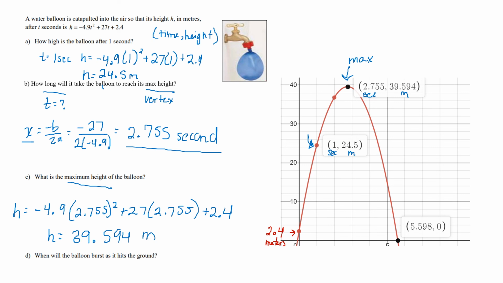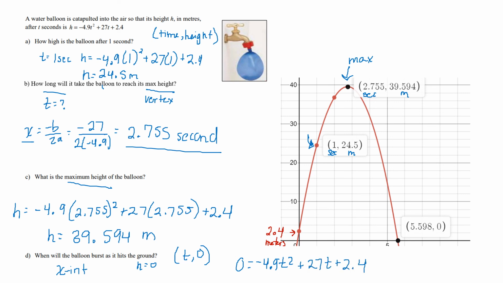And then when will the balloon burst and hit the ground? This is when we're looking for that x-intercept. And we know that because when it hits the ground, the height is 0. Anytime something's ground level, height is 0. So what we're doing is we're looking for time when it's 0. So plugging in 0 for h, and then again we would use that quadratic formula, and I'm not going to work this one out for the sake of the length of this video.